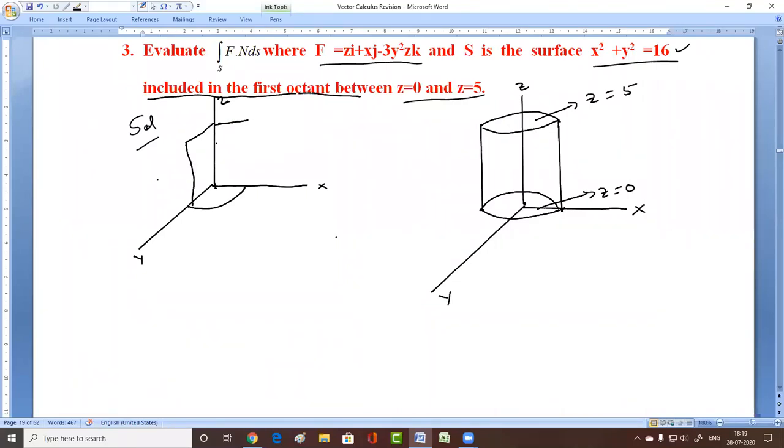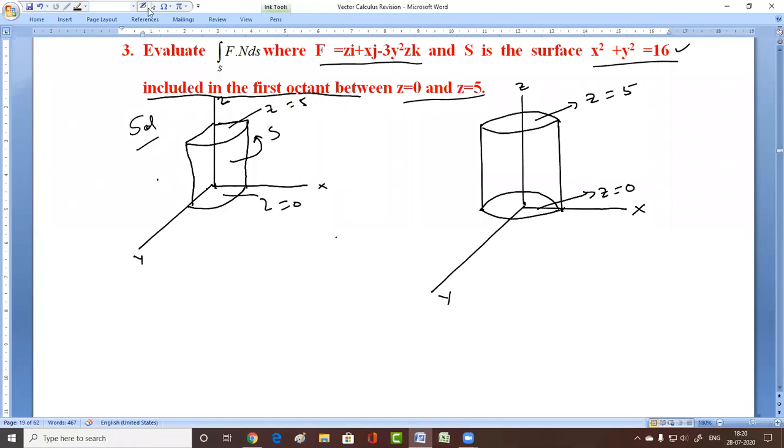If you understand, then only this is the surface. This is the circular surface. So only this surface here is given, included in the first octant. Here z equals 0, here z equals 5. Now this is the shaded region.